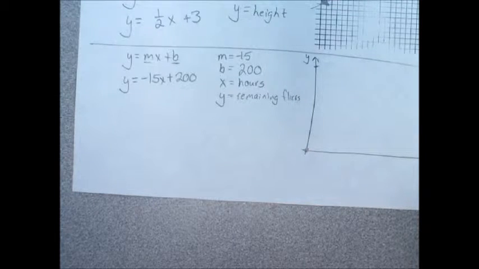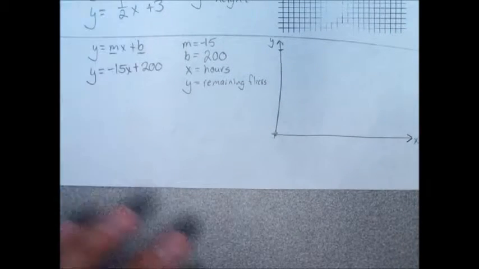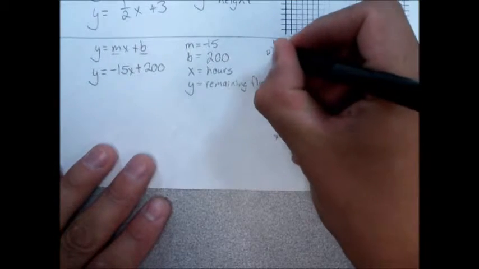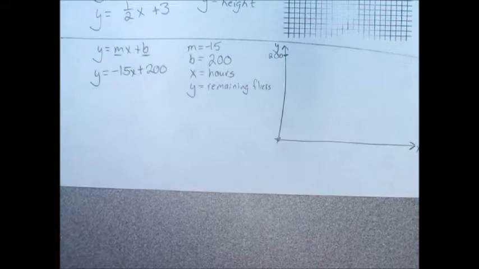We need to decide what our increments are going to be. What is the increment of our graph going to be if we got to go all the way up to 200? He says 50. Keeping in mind that our rate of change is 15, do you want to go up by 50? He says 25. 20s.